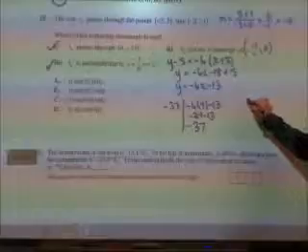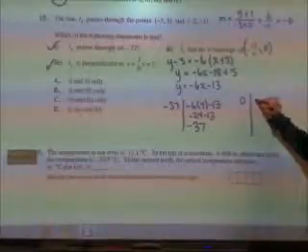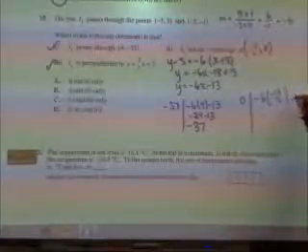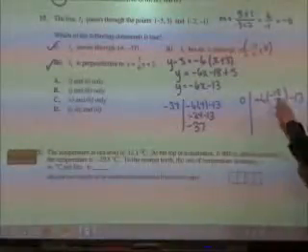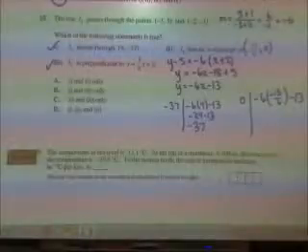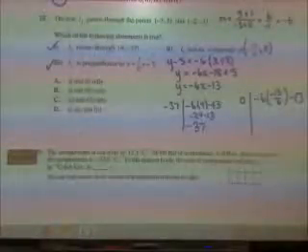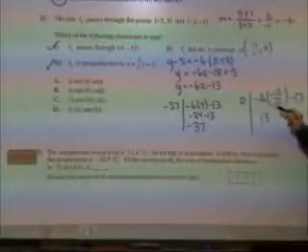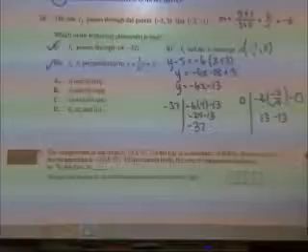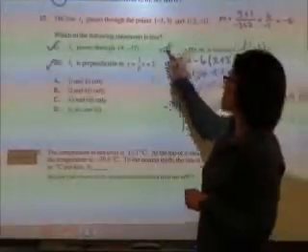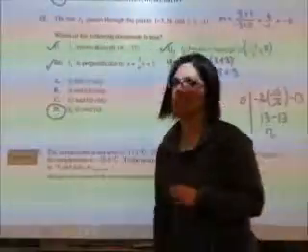That means y is equal to 0 and x is equal to negative 13 over 6. So what is negative 6 times negative 13 over 6? The two negatives would make it a positive 13. The 6's would cancel. And what's 13 minus 13? Is that true? So my answer would be D.